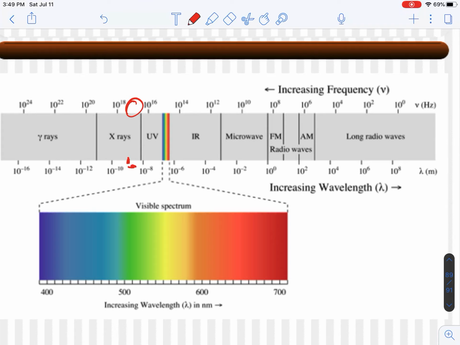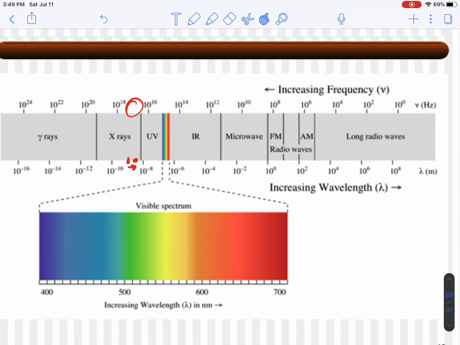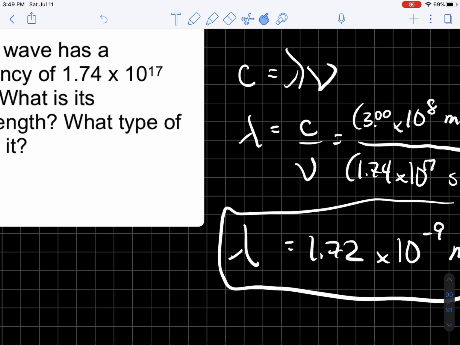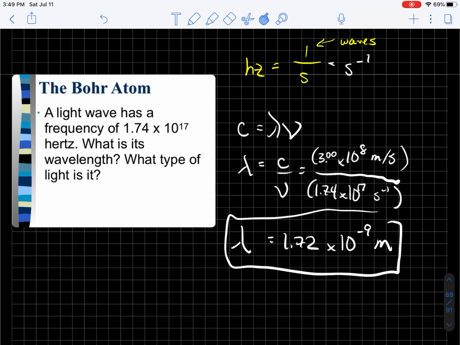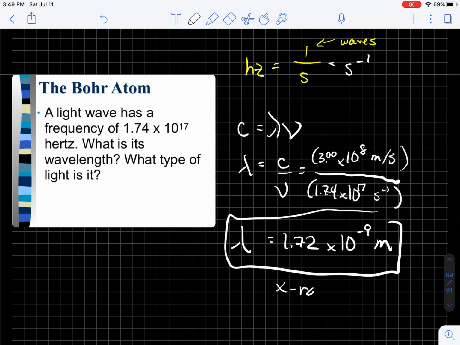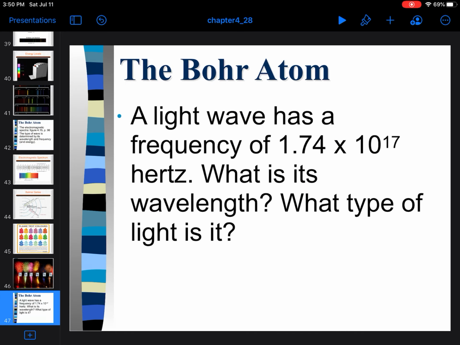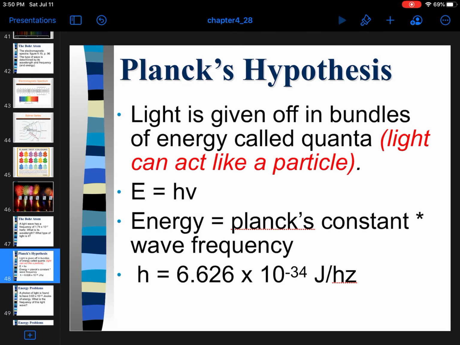So I'm thinking 10 to the minus 9 is halfway in between, but 1.72 is greater than 1. So we're probably around here somewhere, but we're definitely in the X-ray area. So let's call it X-ray. And that'll complete our problem. So this is an X-ray.